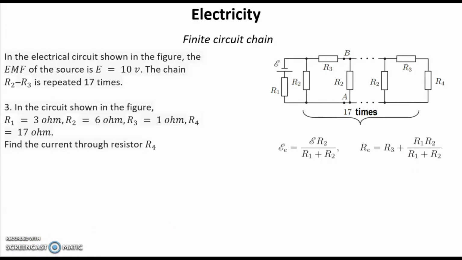Question number 3. In the circuit shown in the figure, R1 now equals 3 ohms, R2 equals 6 ohms, R3 equals 1 ohm, and R4 equals 17 ohms. Find the current through resistor R4 in this case. We can think that the second question was not just for fun.